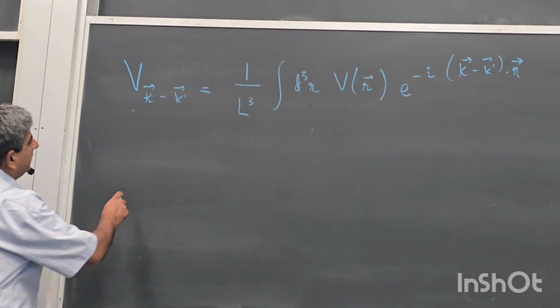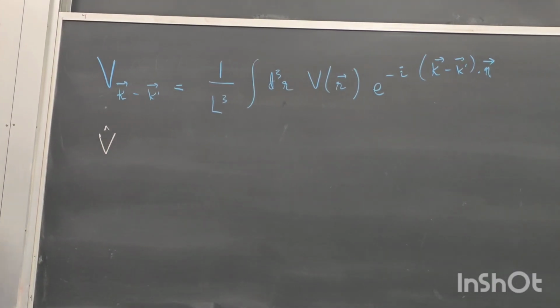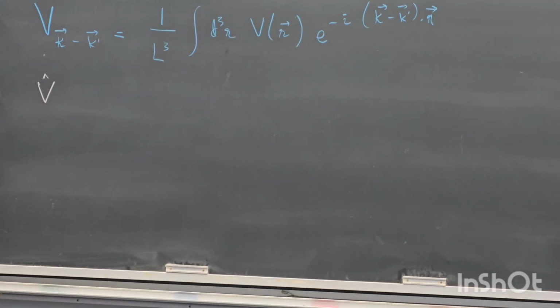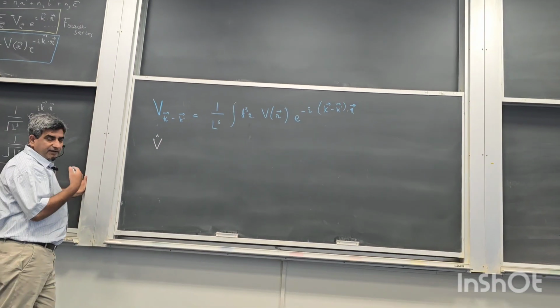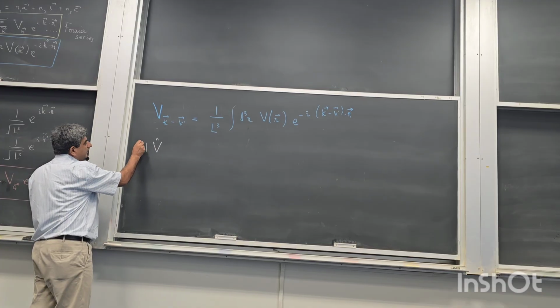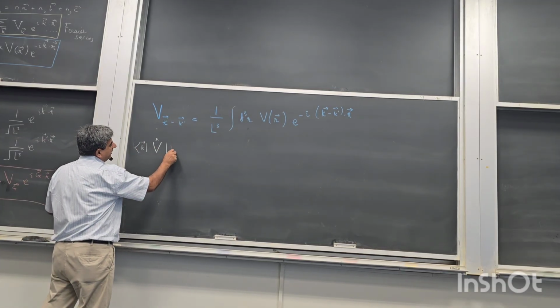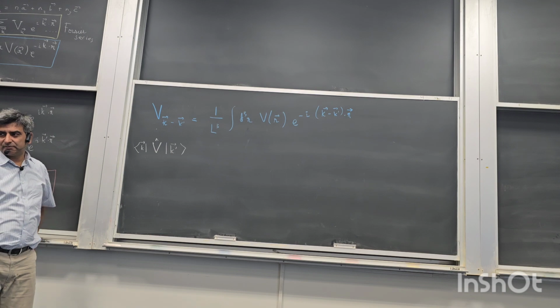So let me assume that I have this potential Hamiltonian function V hat, and I sandwich this between bra k and ket k prime. Let's form this matrix element.